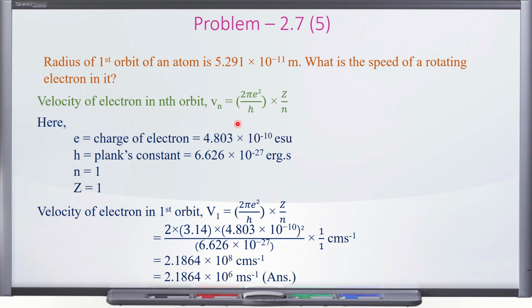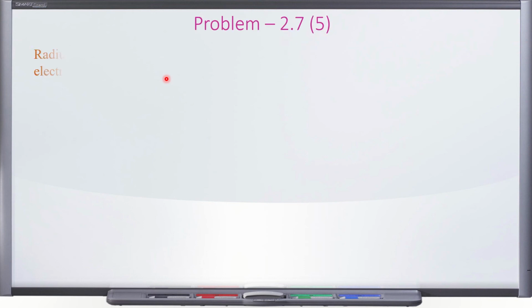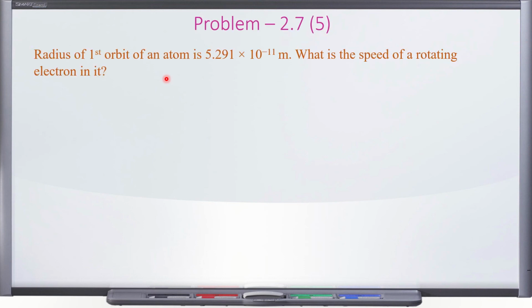Look, here we have used this formula and we got the answer 2.1864 into 10 to the power 6 meter per second. Now remember this answer. Now we will do the same math using another formula, and you will see that the answer will come the same.